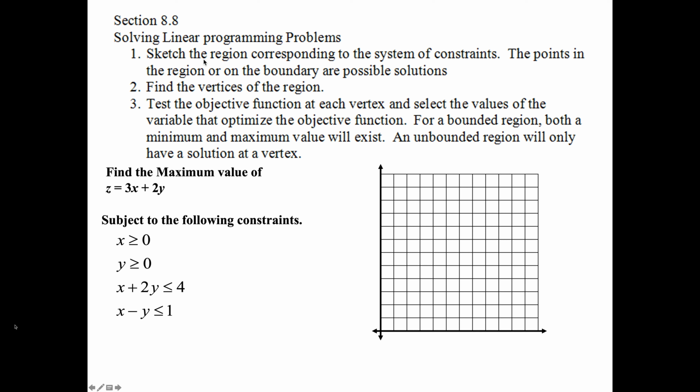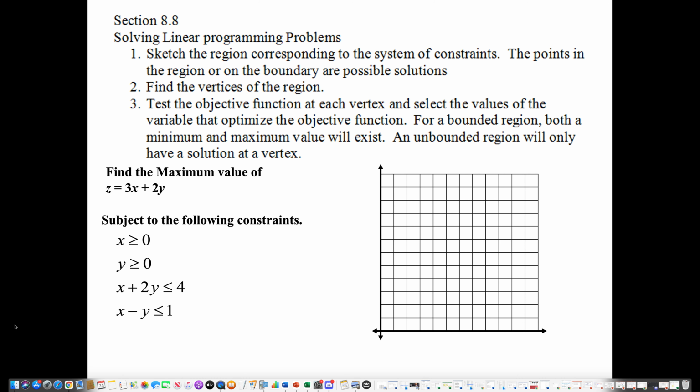So what we're going to do is sketch the region corresponding to the system of constraints. That's our system of inequalities. The points in the region or on the boundary are all possible solutions. We're going to look for the vertices of the region, the corners, if you will, because this is where you're going to either max out or min out your possible answer.